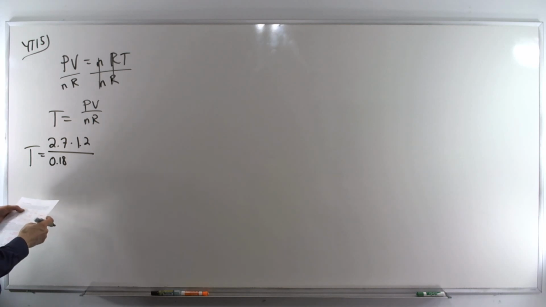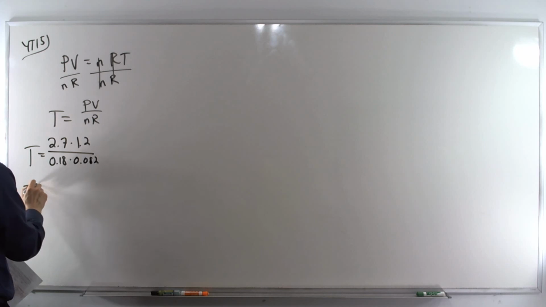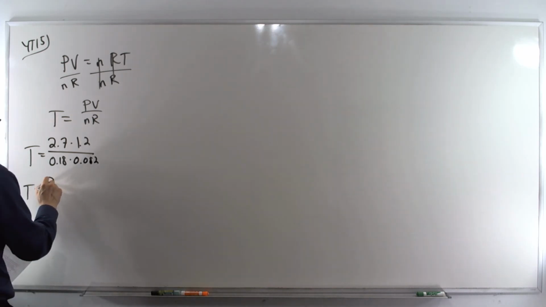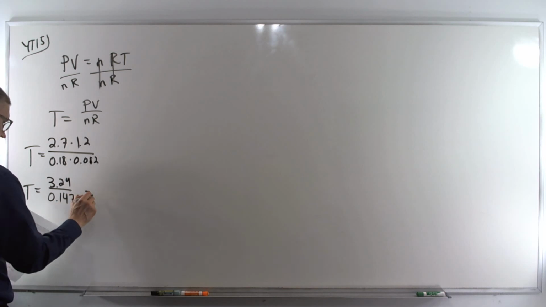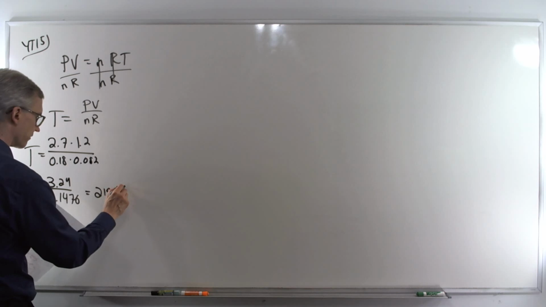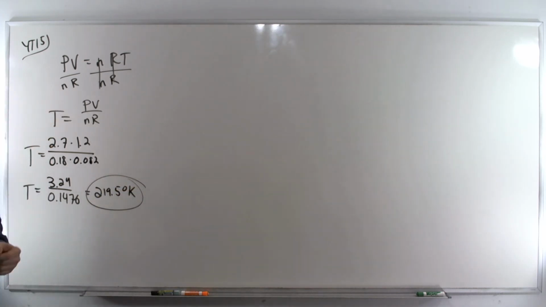And R is a constant, 0.082. So multiplying this out, we get 3.24 on top and 0.1476 on the bottom. Finally divide to get 219.5 degrees Kelvin. Oh, that may seem like a very high temperature, but that's actually very cold because it's in degrees Kelvin, which is measured from absolute 0.